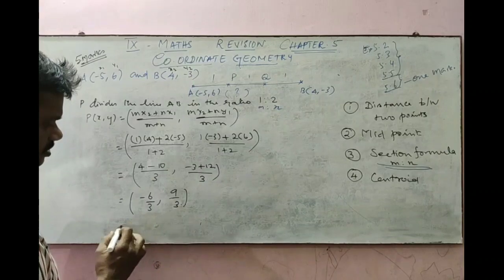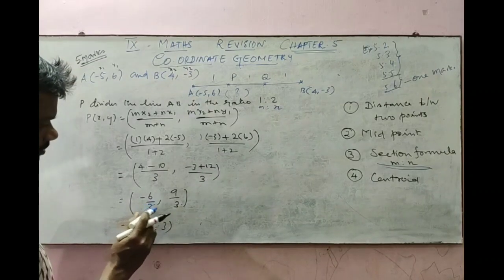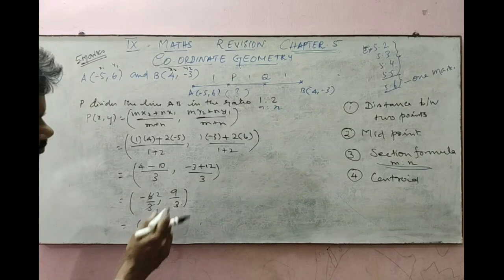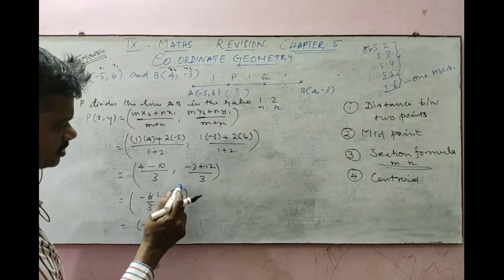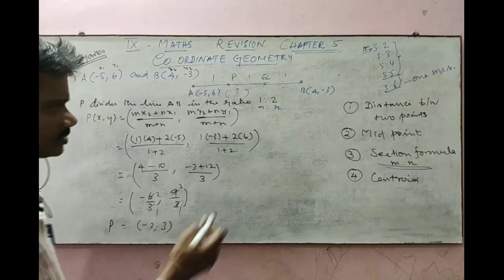If you cancel this, you will get the answer as minus 2 comma 3. So the coordinates of P is minus 2 comma 3.